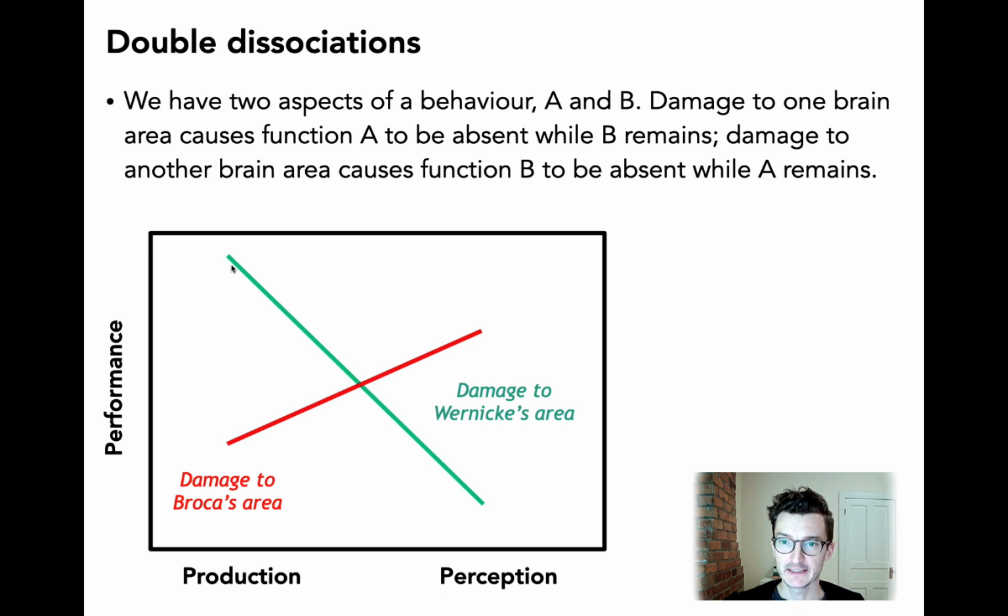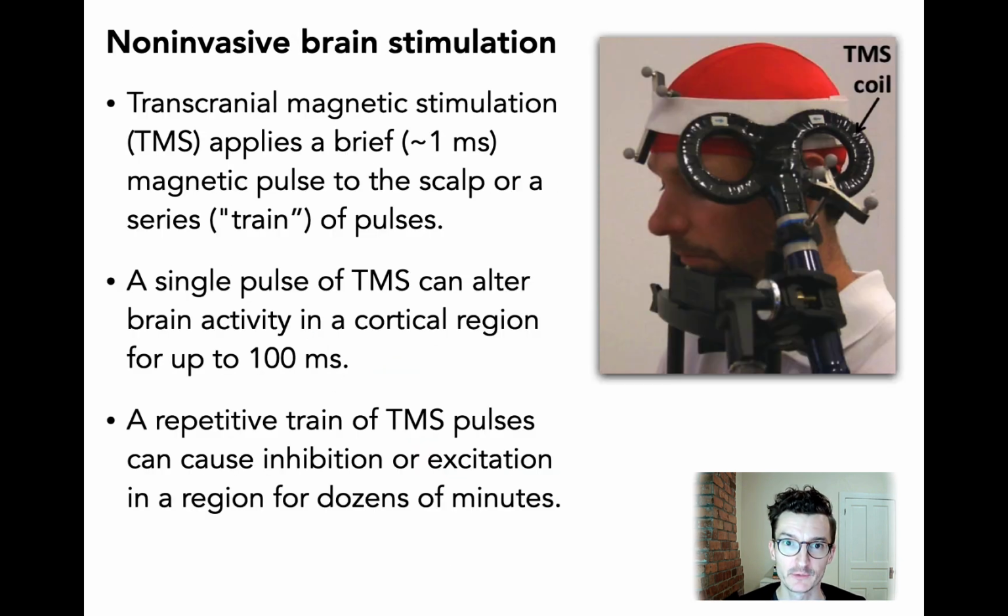But we now have a technique for inducing what we call a virtual lesion in the lab. We can do that using something known as non-invasive brain stimulation, in particular, transcranial magnetic stimulation, or TMS. We call this a virtual lesion because we are applying a brief magnetic pulse to the head.